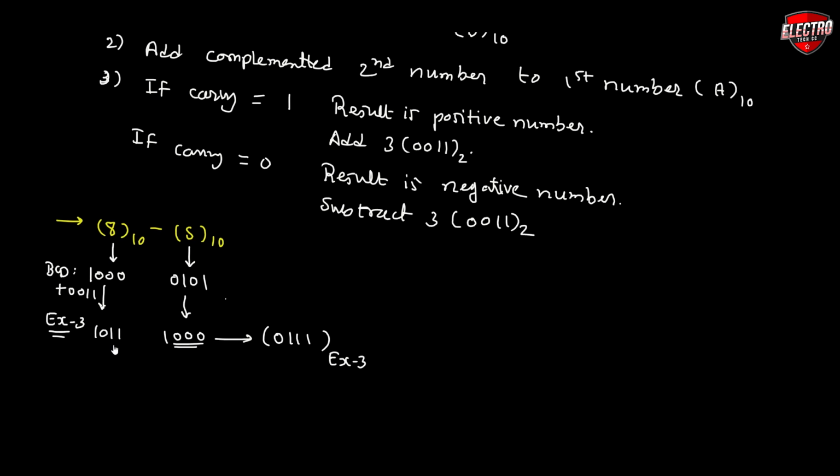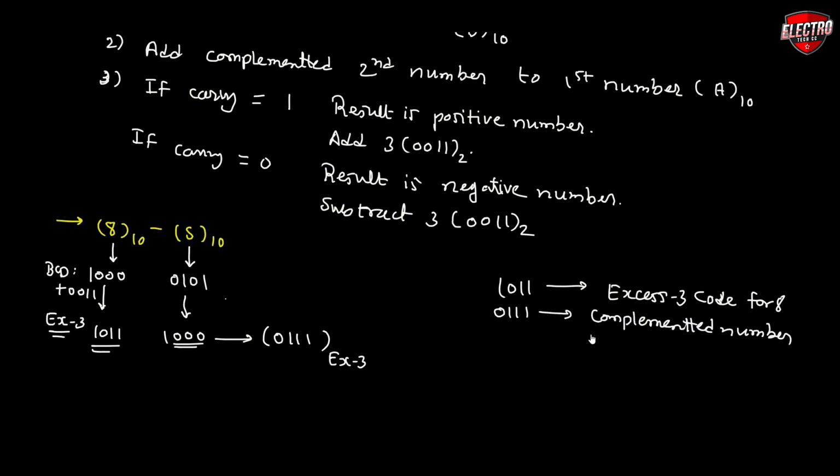The first number is 1011, which is the Excess-3 code of 8. The next number is 0111, which is the complemented Excess-3 code of 5.